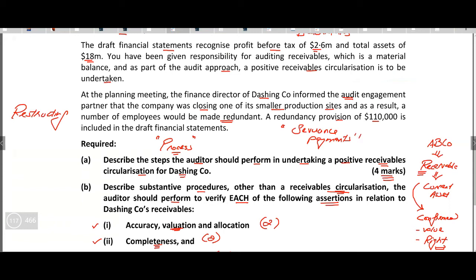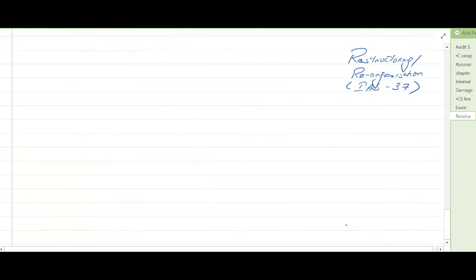Redundancy provision of 1,10,000. Now, first of all, there is a criteria of IAS 37, if you remember from your financial reporting knowledge, that if there is a restructuring, first of all, it should meet a criteria. And what is the criteria? The first thing is that there should be a formal plan. Formal plan means that this is being discussed at the board meeting.